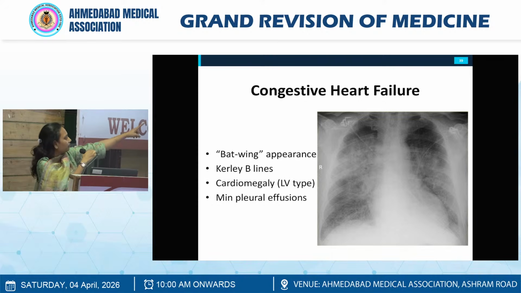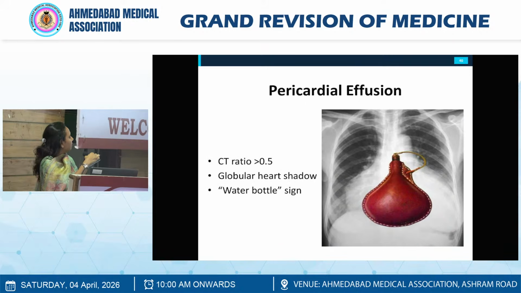There will be a typical bat wing appearance. Can you see the bat wing appearance, because of redistribution of the fluid in the upper zone? A false cardiomegaly will be seen, and there might be minimal pleural effusions.